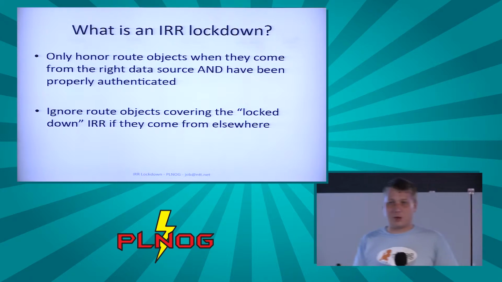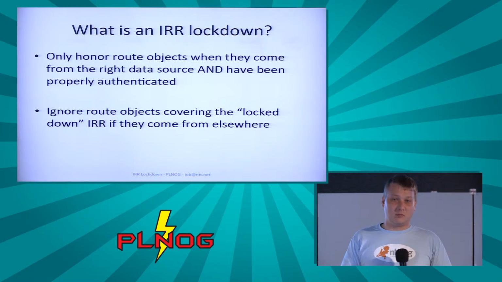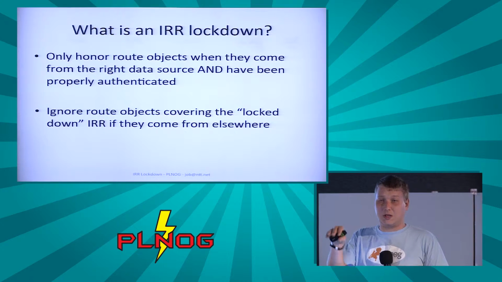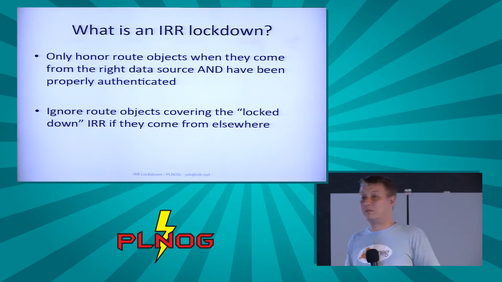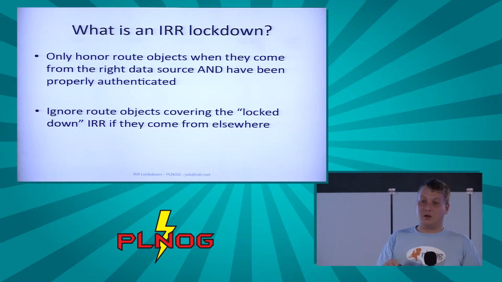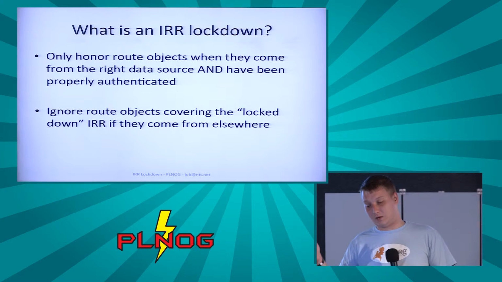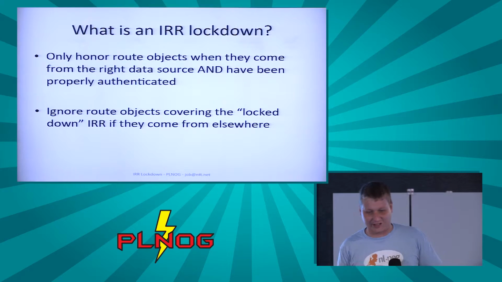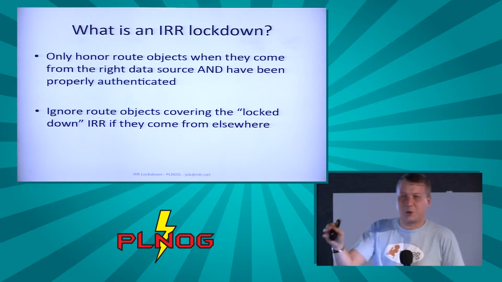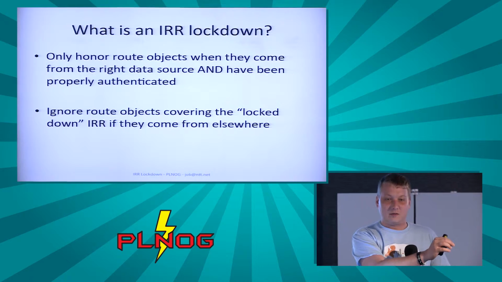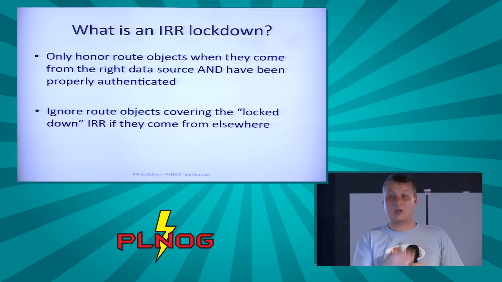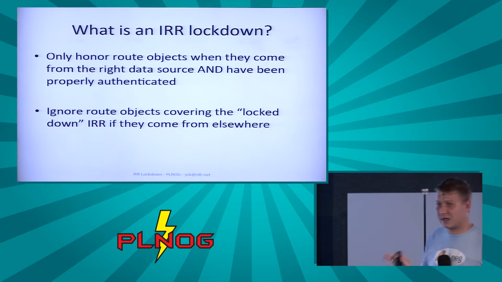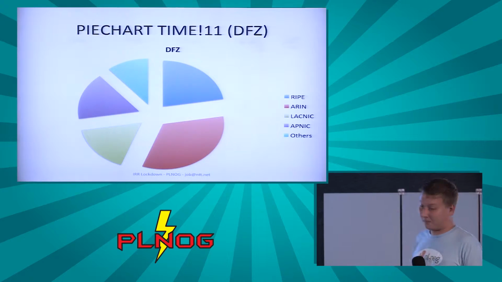And we will ignore all route objects that cover the space belonging to that particular regional registry if they do not come from the same database as where they... Wait, this sentence is a mess. Let me try again. If you put RIPE space in RADB, you're putting it in the wrong database, and I propose you just ignore those route objects. That's, in essence, an IRR lockdown.